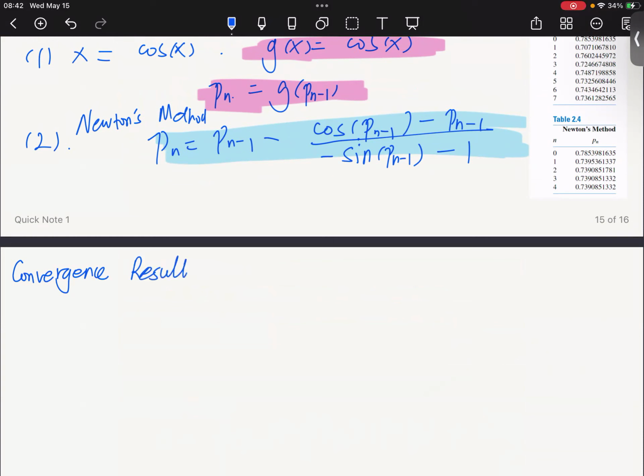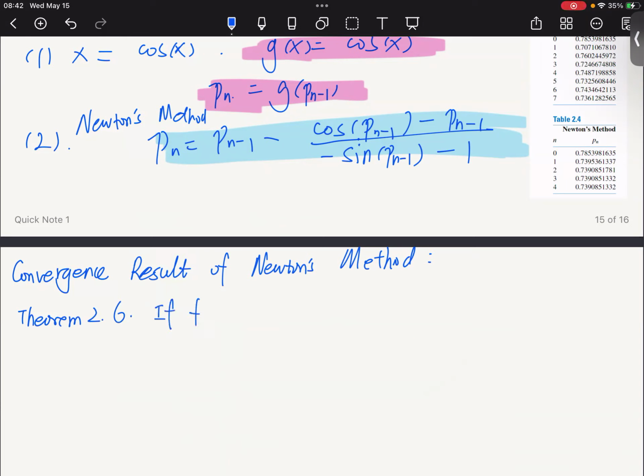If you go back home and take a look at this proof, it's very lengthy, but one part you might find very useful is for proving exercise 3B in your homework. There's one part very useful if you want to get that homework done. This is Theorem 2.6, and it will tell you when we will have the convergence results.